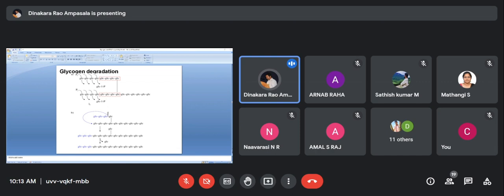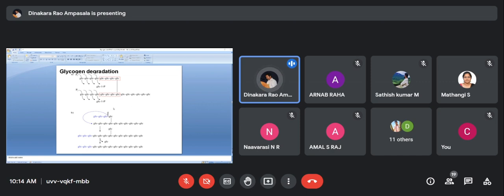That glucose molecule will be removed as glucose 1-phosphate. Once a branch point is very close, with at least 4-5 glucose molecules left, the debranching enzyme will cut this one and add it to this chain, so that these glucose molecules can be removed from the non-reducing end by glycogen phosphorylase.